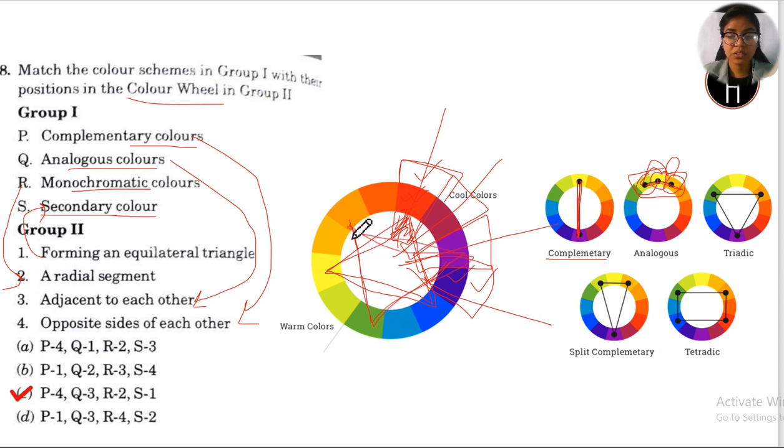In this manner we say primary and secondary colors, like red and yellow are primary colors, so by combining red and yellow you get orange as a secondary color. All these colors are positioned at an equal distance from each other, that's why they form an equilateral triangle.